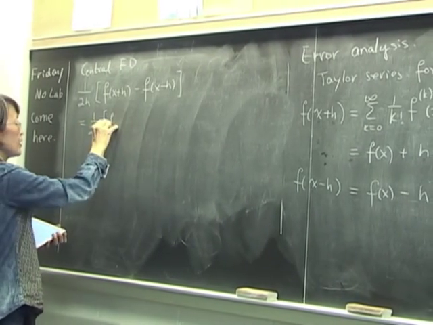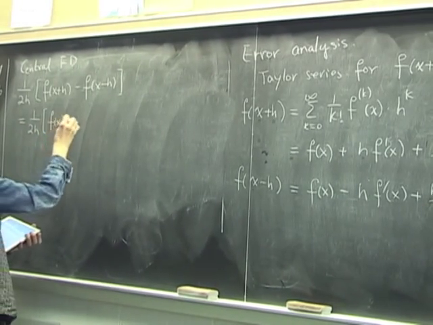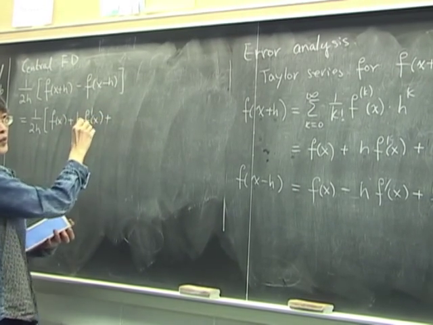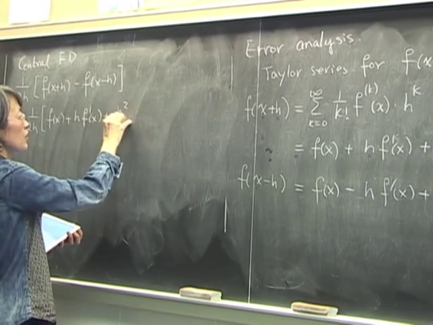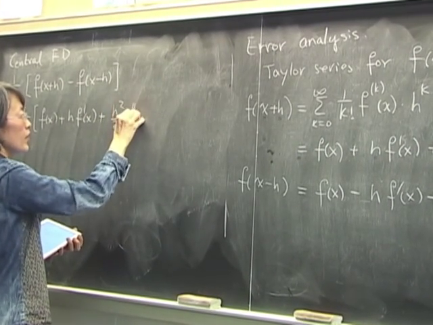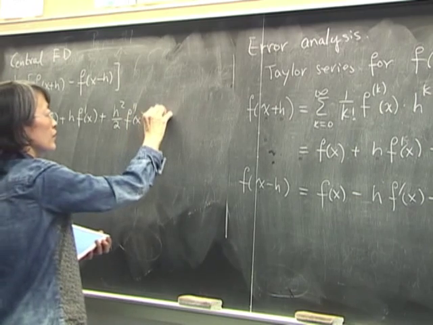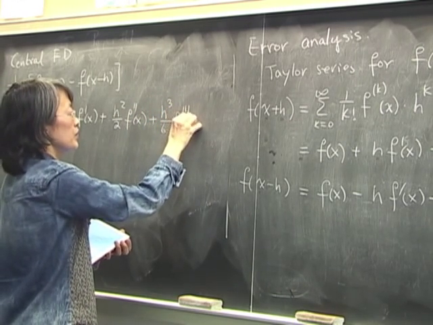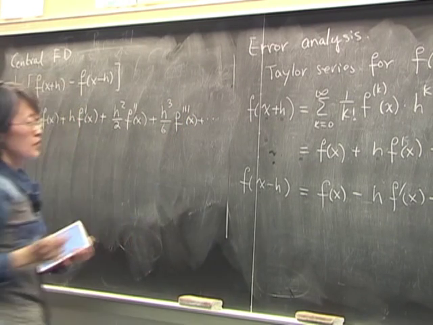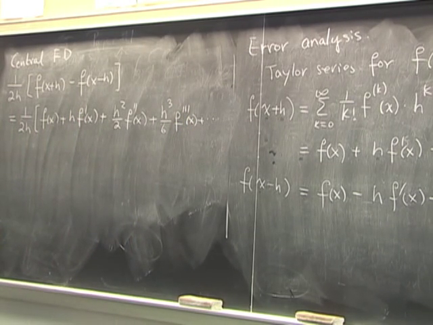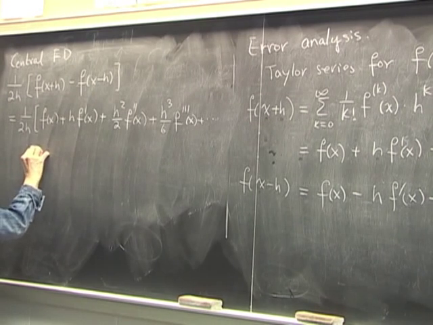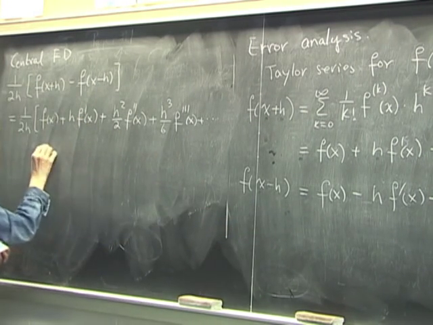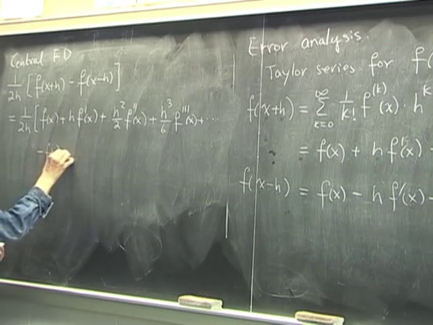So this will be f of x plus h f prime of x. You could probably see it. It just takes me longer to copy it down. Plus h cubed over 6 f triple derivative of x plus many terms. So this is subtracting this expression. I'll put it here. Make sure I change all the signs.